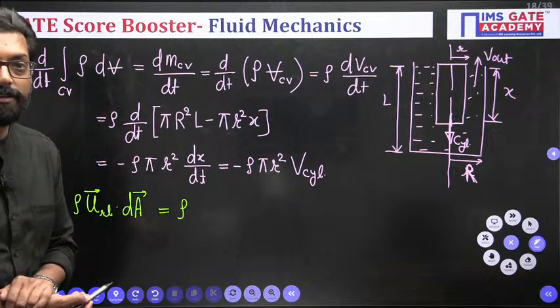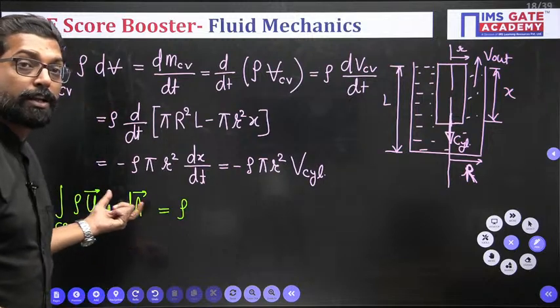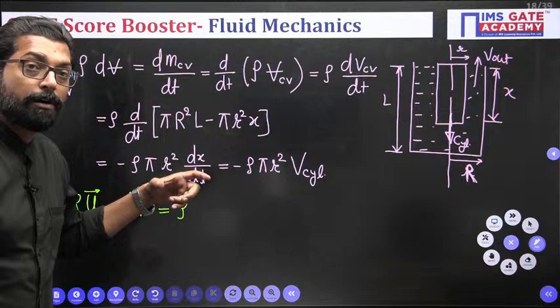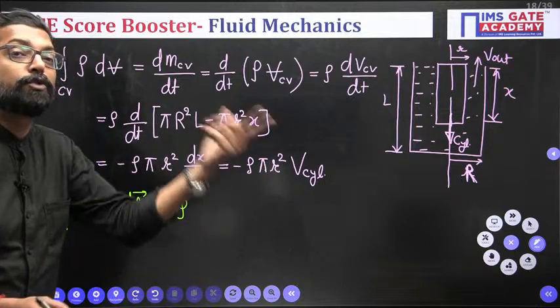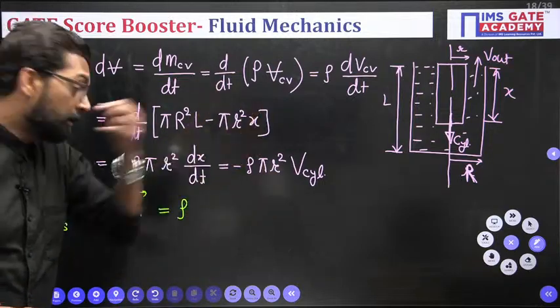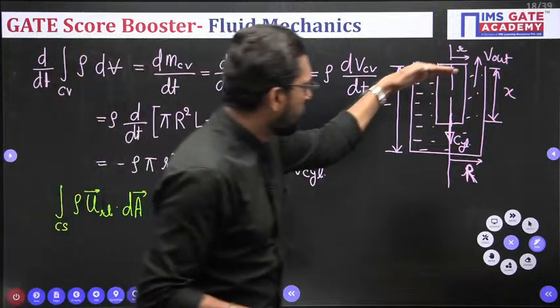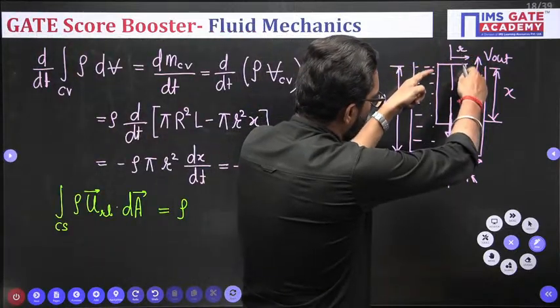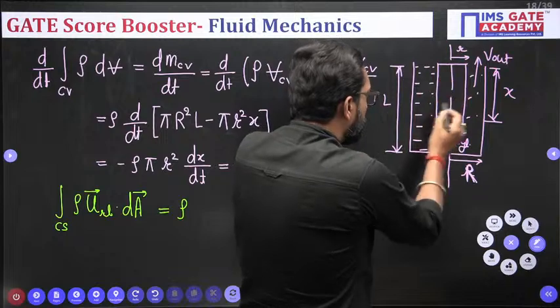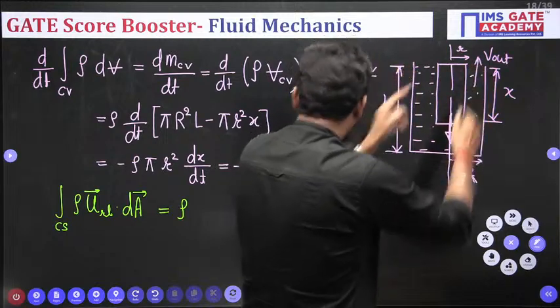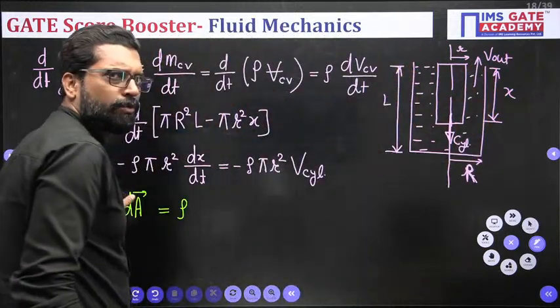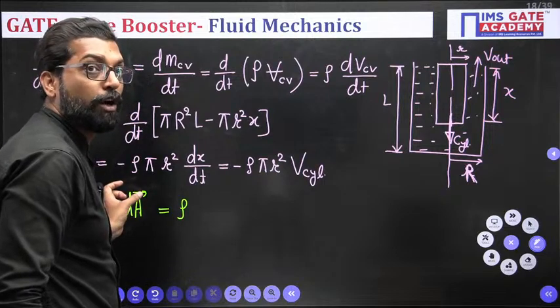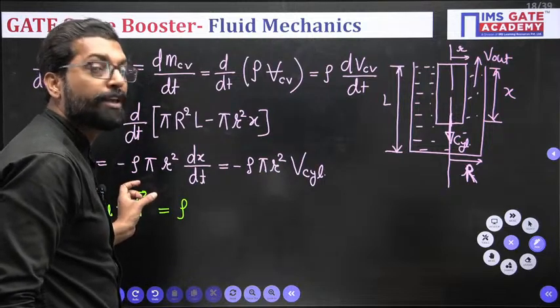It is the velocity of the motion with respect to the boundary. The fluid is moving out, so the relative velocity is V out. Why?